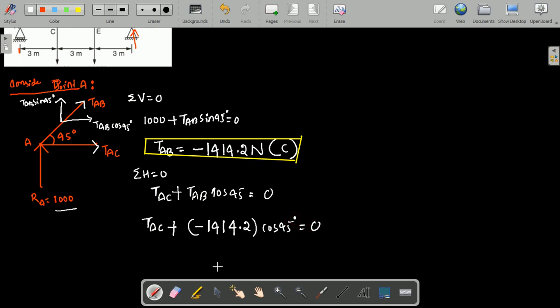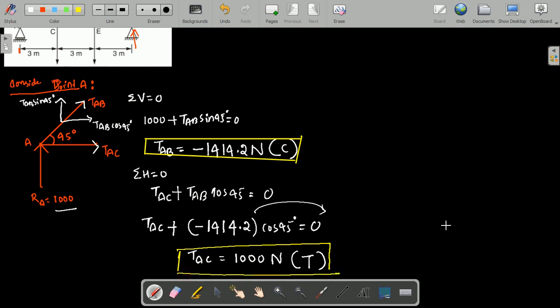Clear? Then considering this, TAC is positive, 1000 Newton. You just simplify it and you will get the value of 1000 Newton. If it is a positive value, what does it indicate? It is in tension. Our assumption is correct. Whatever the force TAC is, it is in tension.